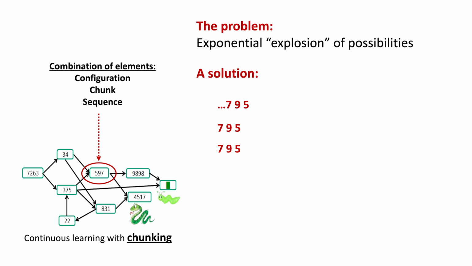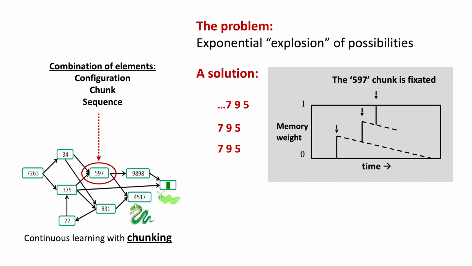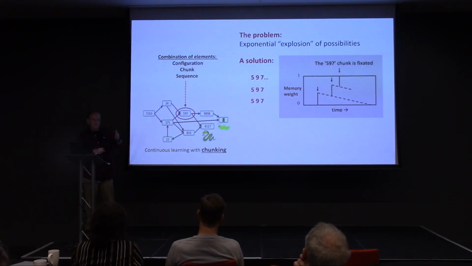If they happen again and again within some time window, for example, we have a memory weight. First time that you see this chunk, it gets a memory weight, but it is subjected to decay. You very quickly may forget it. But if it comes again, it reaches higher and higher weight. And maybe after 3 times, it gets fixated in memory. Like when you learn a new phone number, or at least like we used to learn new phone numbers, you have to rehearse a few times, and then it gets fixated in your memory.